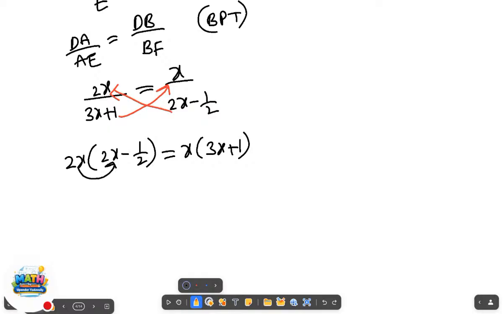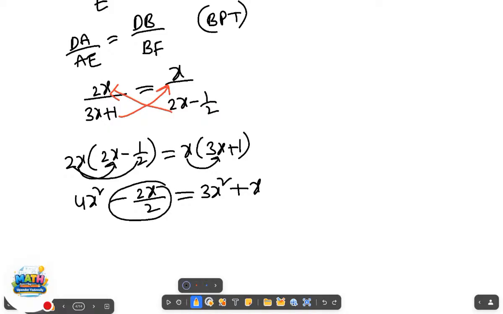2x into 2x is equal to 4x square. Next, 2x into this half, so 2x by 2. Next, on the right side, x into 3x is 3x square, plus x into 1, x.